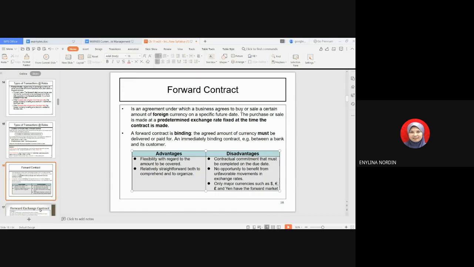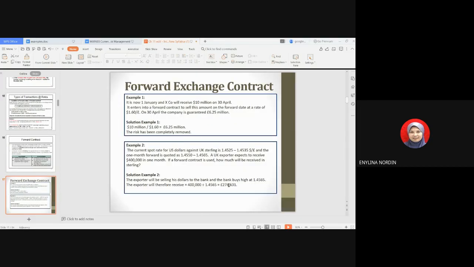So this is the example of the forward exchange contract. Let's say it is now 1st January, and the company will receive $10 million on 30th April, in 3 months' time. And then this company enters into a forward contract to sell this amount.